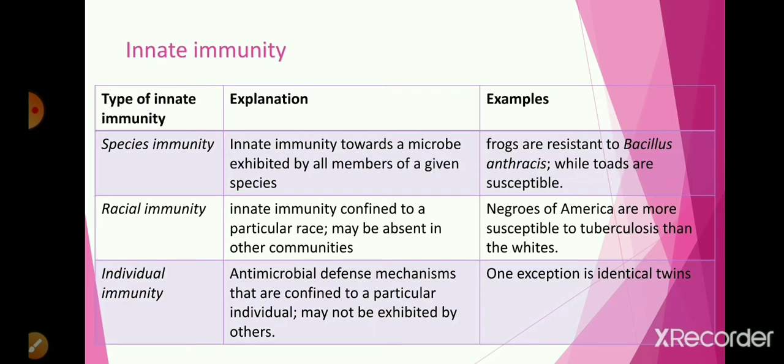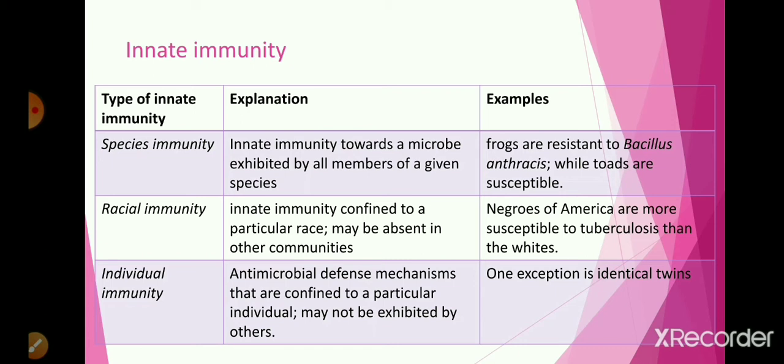Basically, here are some types of innate immunity: species immunity, racial immunity, and individual immunity. First, let's talk about species immunity. Species immunity is innate immunity towards microbes exhibited by all members of a given species. We know that innate immunity is genetically built into our body system. So some species have resistance against some pathogens, whereas other species are susceptible to those pathogens.